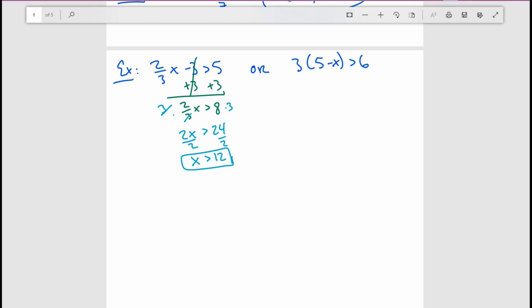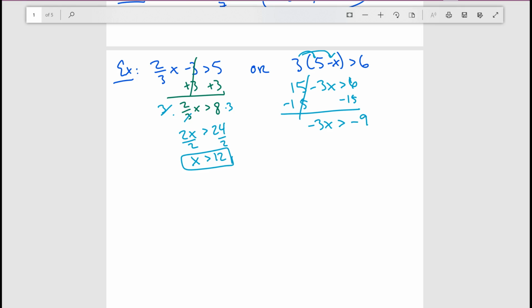Now I'm going to do the same thing with the other one. I'm going to distribute the 3. So I get 15 minus 3x is greater than 6, not 18. I almost distributed 3 to the other one. I'm going to move the 15 over, so I'm going to have negative 3x is greater than negative 9.